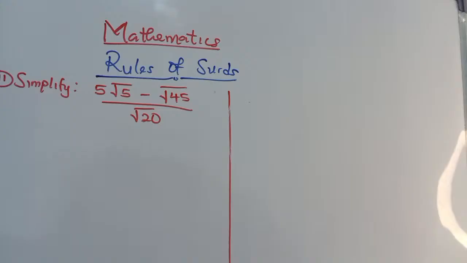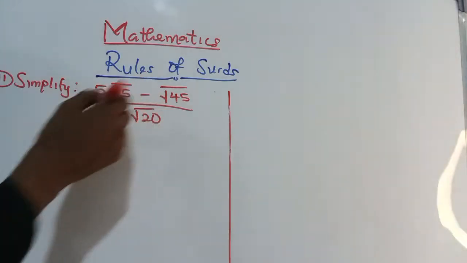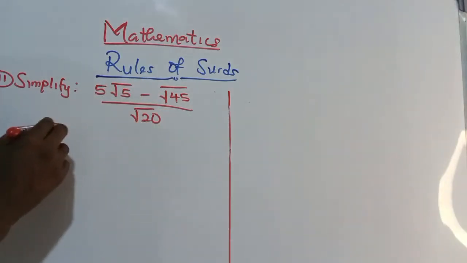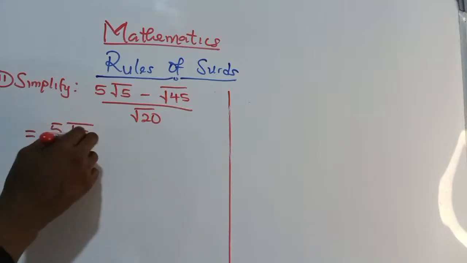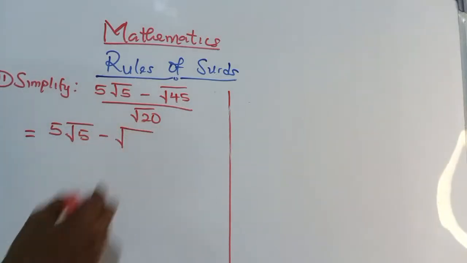Okay, so let's solve this. This is similar to what I solved previously. So now what we are going to do is look for factors of 45, and one of the factors must be a perfect square number.